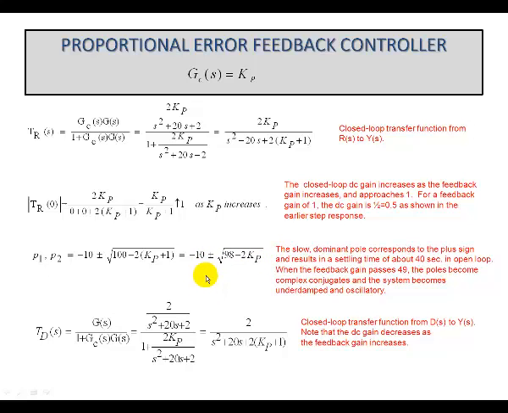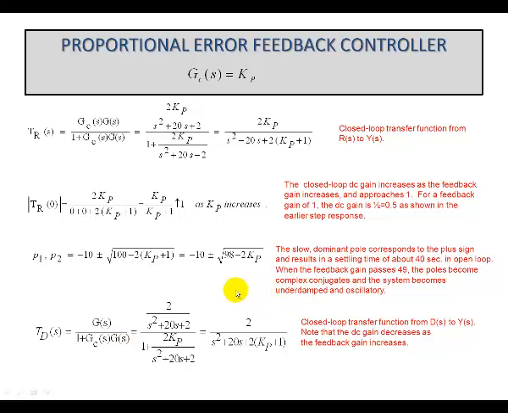And if so, the system will become underdamped, and if the damping ratio gets smaller than 0.7, we're going to end up with an oscillatory response, as we found when we had the gain set to 140 here. So this explains why we're getting oscillatory step response.